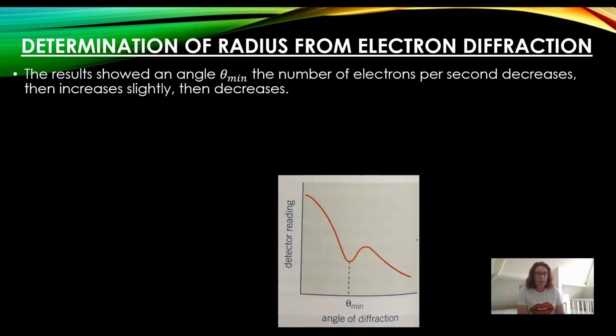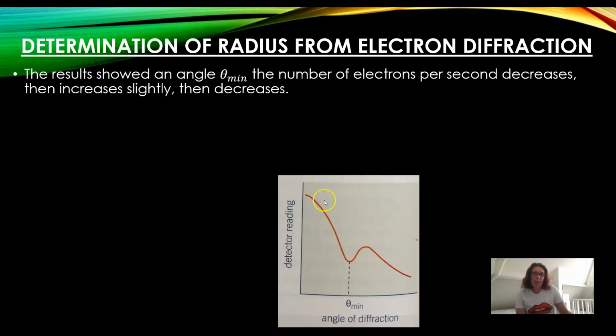So how does that enable us to determine the size of the radius? These results show the graph, and what they show is an angle theta minimum, when the number of electrons per second decreases to a minimum and then increases again slightly.